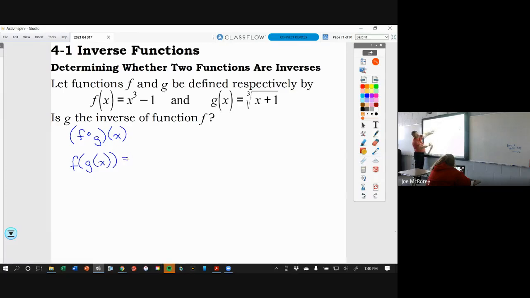But g of x is the cubed root of x plus 1. So parentheses, cubed root of x plus 1, then cubed, minus 1. Put that cube there. Okay, so here's my x cubed minus 1.